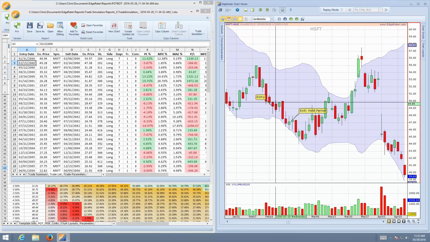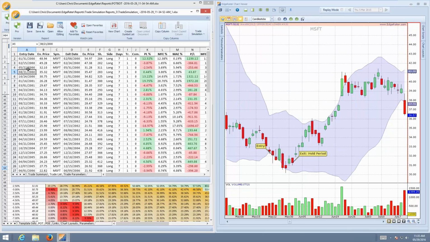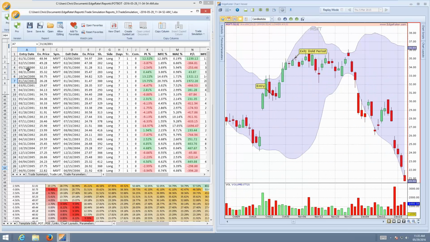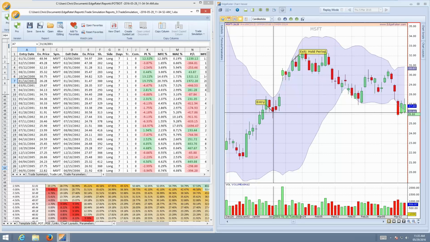So this is a hammer. This is a hammer. There are probably 50 different candle patterns in there, and I have no idea what some of them are. I know some of them because they're very commonly talked about. But it's always a good idea to go and check to find out what they actually are. Everything that I'm clicking on now is what it thinks is a hammer.